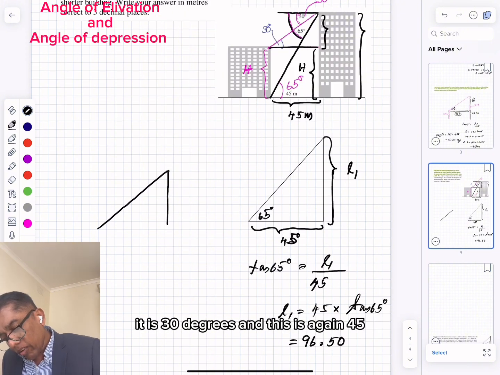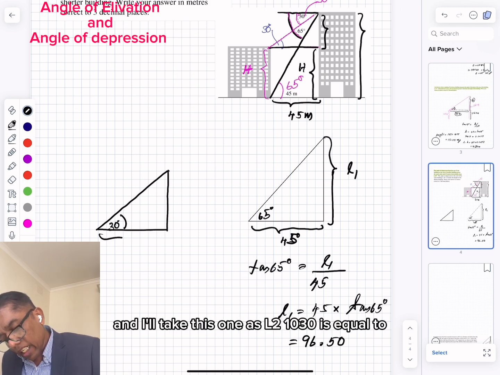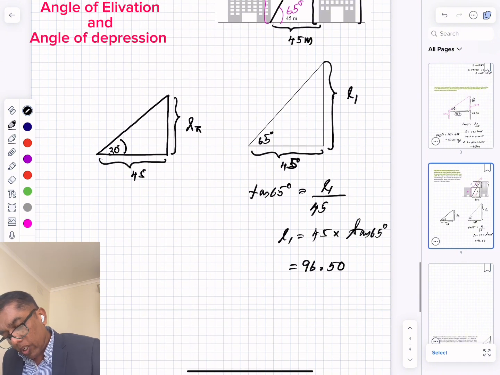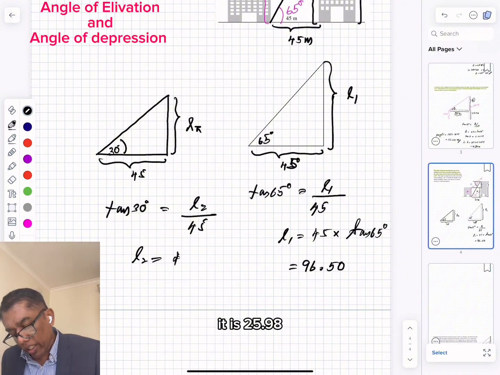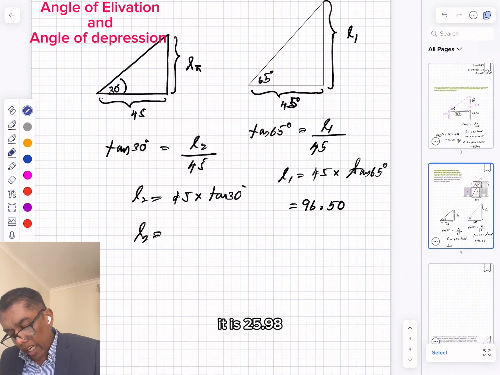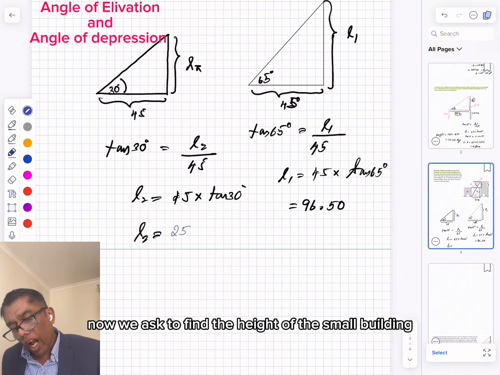It is 30 degrees, and this is again 45, and I'll take this one as L2. Tan 30 is equal to L2 over 45. L2 is equal to 45 times tan 30. It is 25.98.